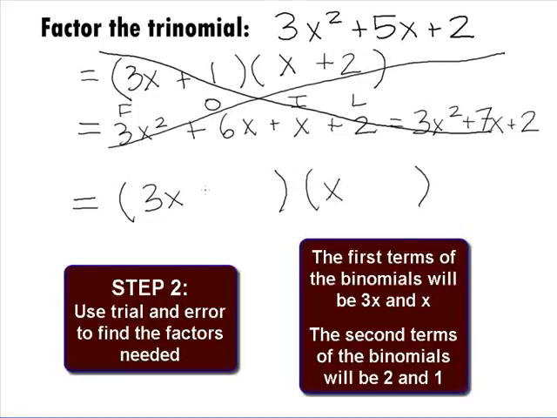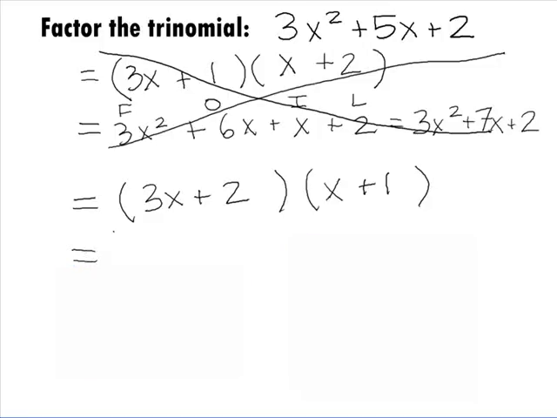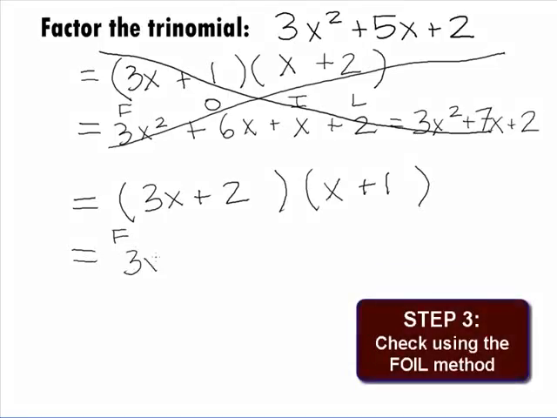And this time, let's try 3x and x in our first positions and swap out the 2 and the 1 to have 2 and 1 in our last positions, with 3x plus 2 times x plus 1. We can use the FOIL method to multiply this out. Multiplying the first terms together, we get 3x squared.